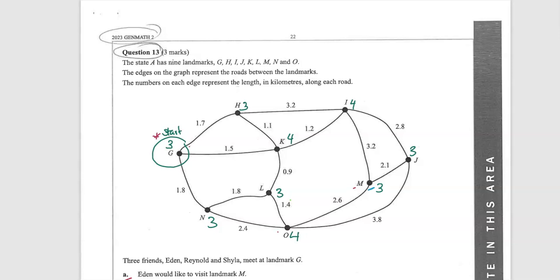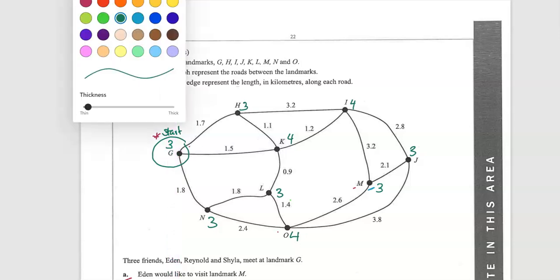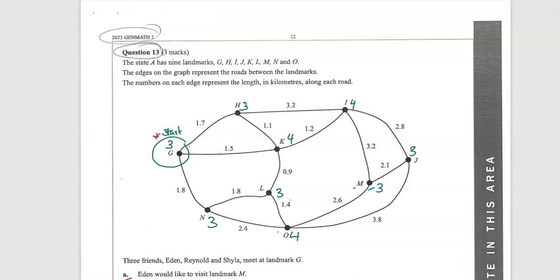So I want to start and finish at an odd one, but we have to start at G. So G's got to remain odd, okay? Then if I look at all the other odd vertices, so we've got 1, 2, 3, 4, and 5.